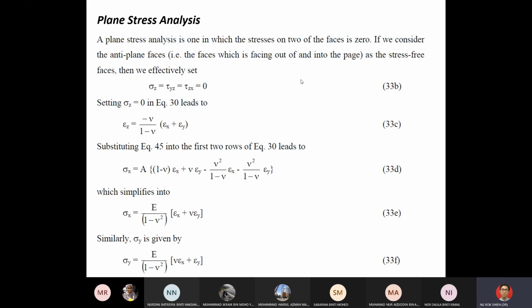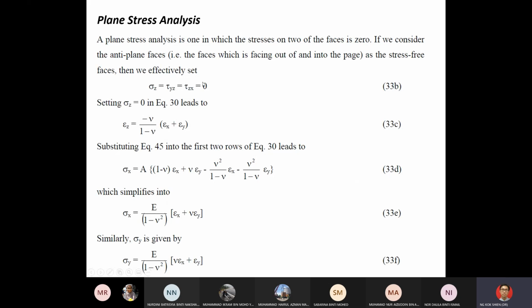So in plane stress analysis, there is one assumption that we made, which is that sigma z, meaning the stress in the z direction, is zero. Let's say x is the horizontal direction, y is the vertical direction, and z is the one that faces towards you, into the page.